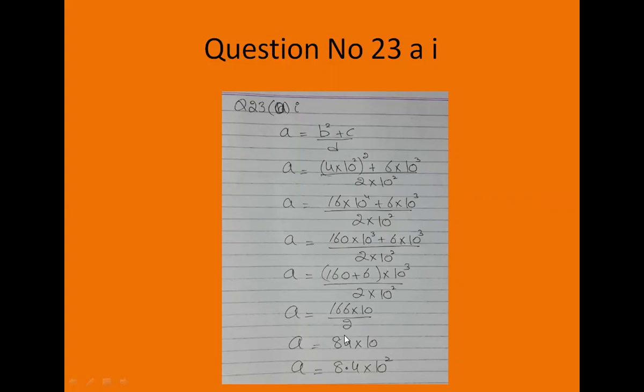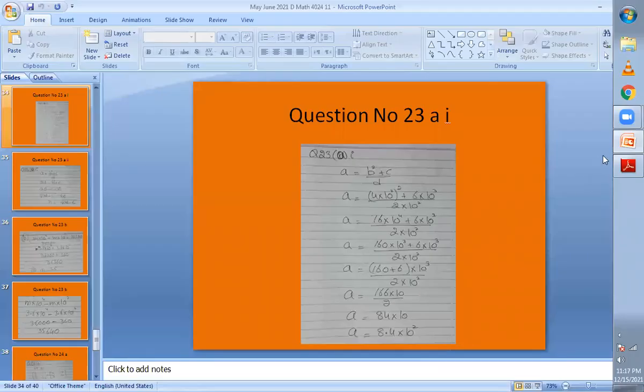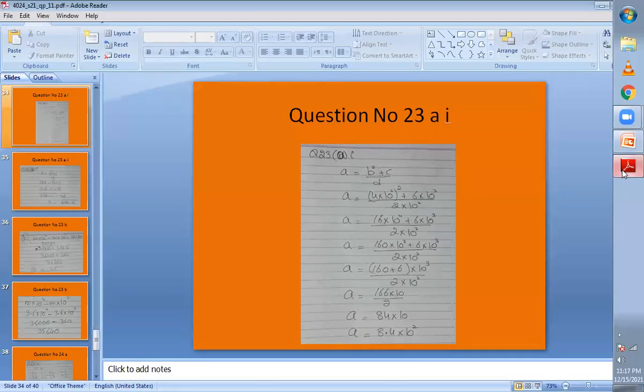So 166 divided by 2 will be 83 into 10. Move the decimal one step to the left, so it will become 8.3 into 10 to the power 2. So this is the standard form of this answer. 8.3 times 10 to the power 2, that's the answer. Hopefully you understand. So that was question number 23.